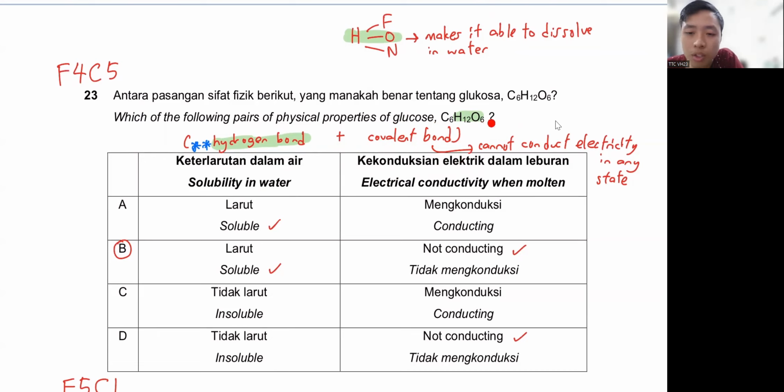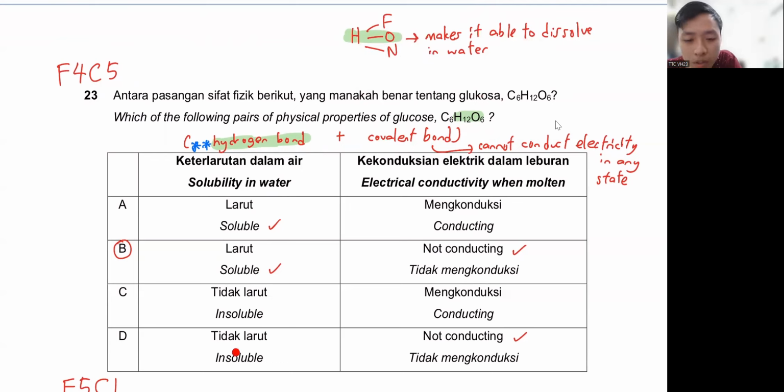This covalent compound, glucose, actually contains hydrogen bonds. You have to be careful. Hydrogen bonds form with HF, HO, and HN. So hydrogen bonds make it able to dissolve in water. You have to remember this.